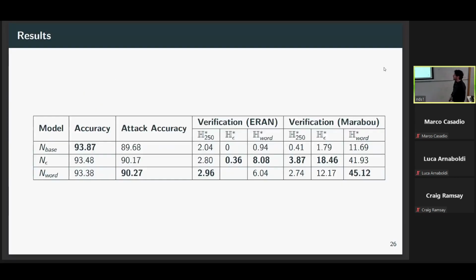So finally, here is a small selection of results. There are a lot bigger tables, but these are the most interesting ones. We have just three networks. This network is the base network.